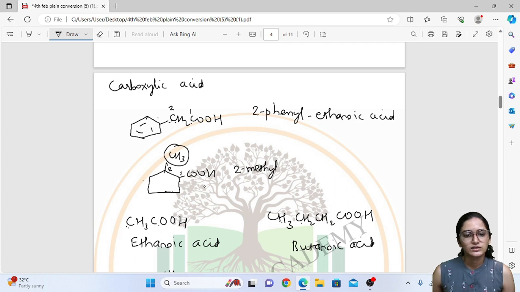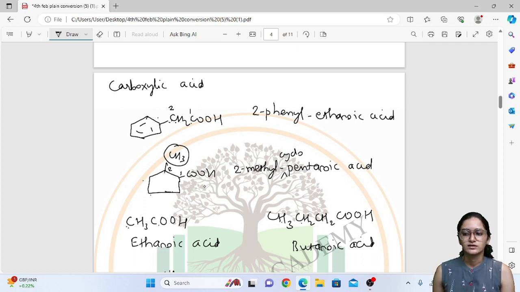Now this whole cyclic chain is of 5 carbons. So 2-methyl, since this is pentane, cyclopentane. Okay, so 2-methyl cyclopentanoic acid. Okay, so pentanoic means aliphatic, which is open chain, but cyclo means closed. So 2-methyl cyclopentanoic acid will be the name.